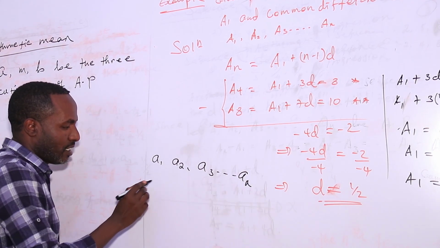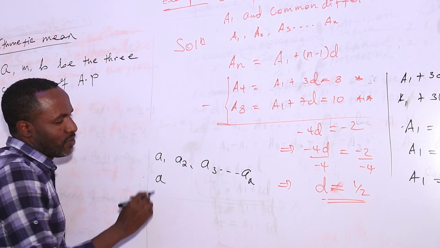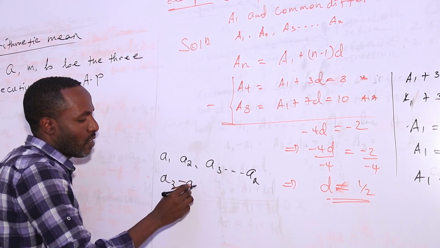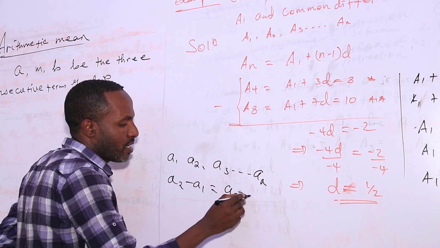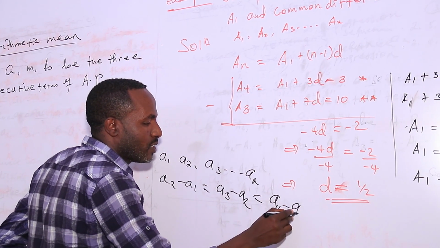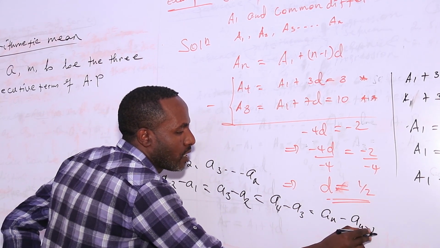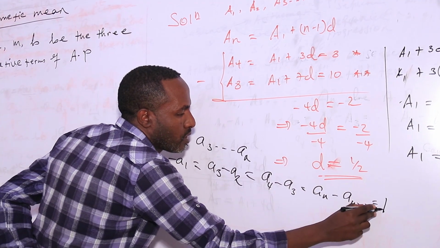If it is arithmetic, don't forget, class, the difference between any two consecutive terms is constant, which means A2 minus A1 equals A3 minus A2, which equals A4 minus A3, which equals AN minus 1, is always something which is constant.